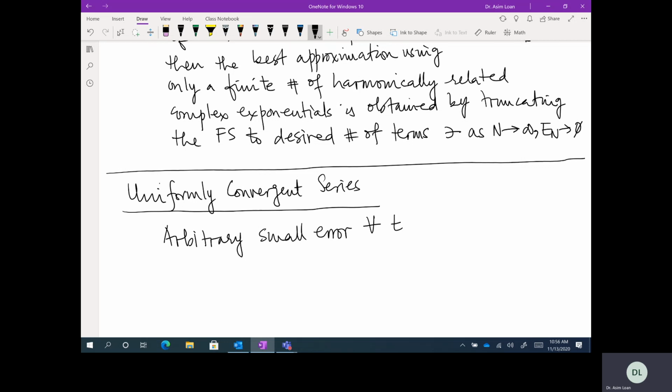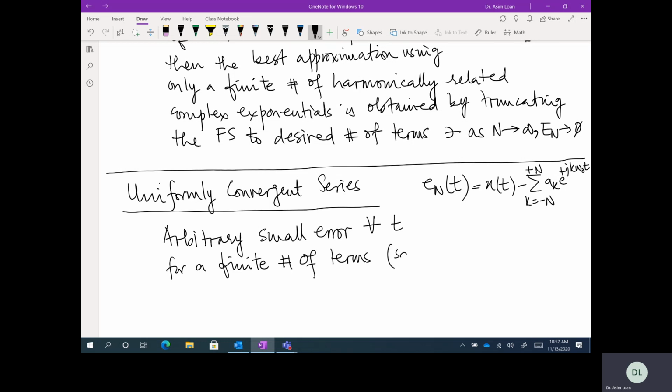We are looking at En of t, which is x of t minus the sum from k equals minus n to plus n of ak e to the plus j k omega naught t. So there's an arbitrarily small error for all t for a finite number of terms, and this is the same n for all t.